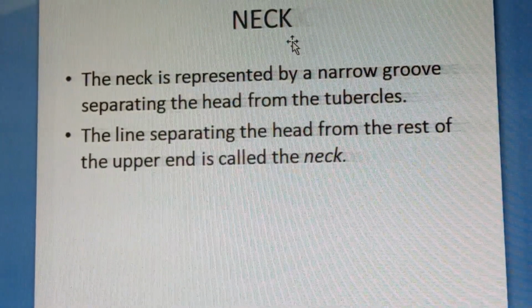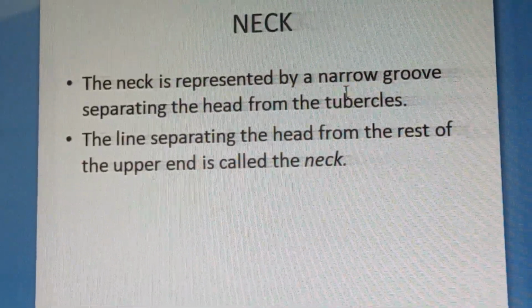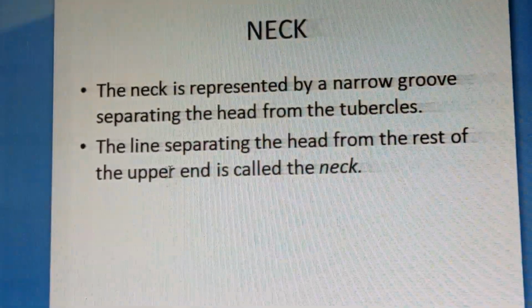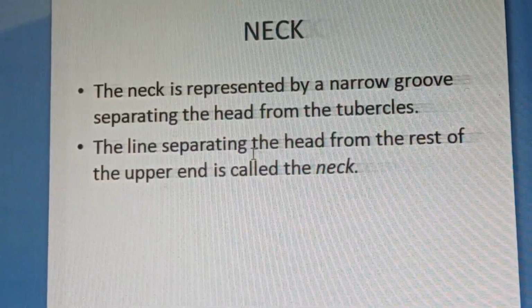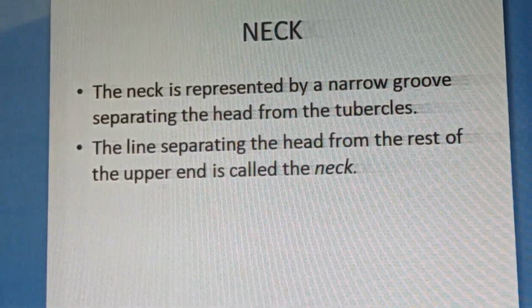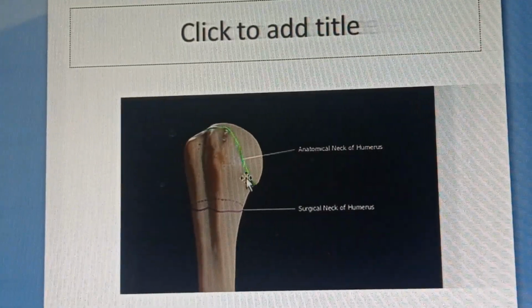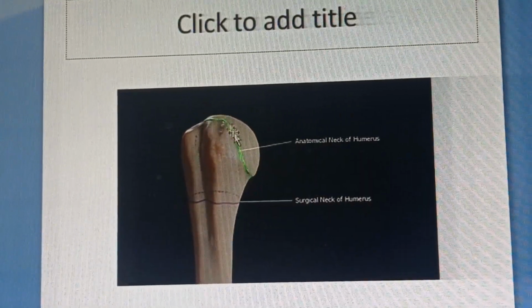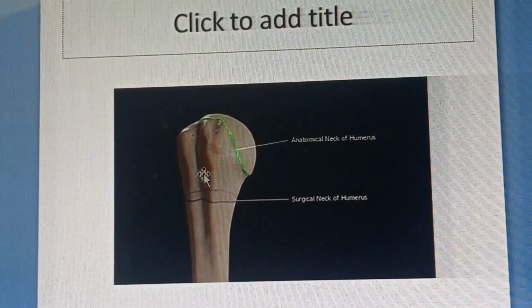The second landmark at the proximal end is the neck. The neck is represented by a narrow groove separating the head from the tubercles. It is basically a separating line which separates the head from the rest of the upper end landmarks. In this picture, this green separating line is called the neck.